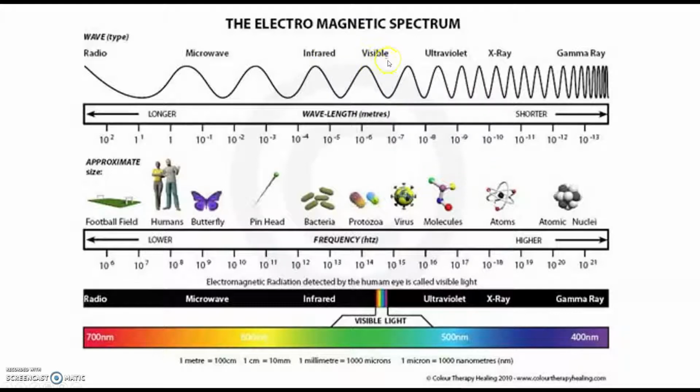Humans, on the other hand, can only see the rainbow of colors, the ROY G. BIV. Now, red is next to infrared. Infra meaning below red. So red belongs with red. Red is a longer wavelength, lower frequency.